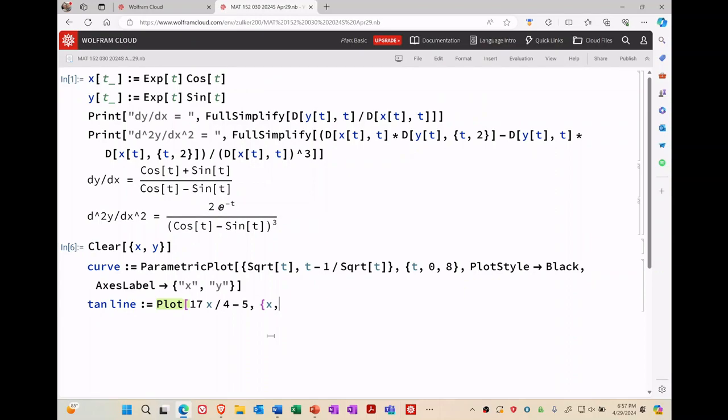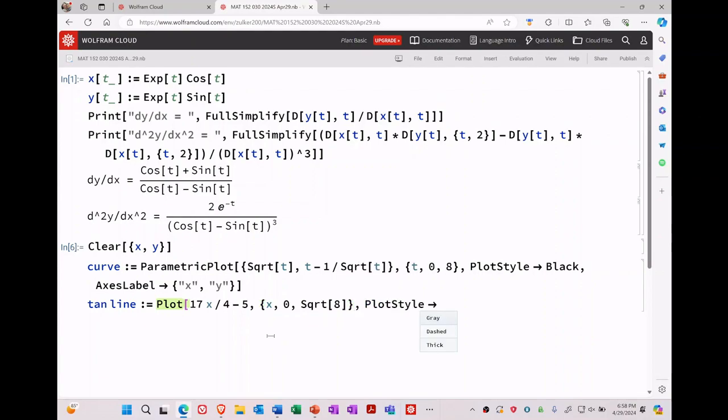What do we want x to go from? Zero to √8. Right, because if t goes from 0 to 8, x goes from √0 to √8. 0 to 8.